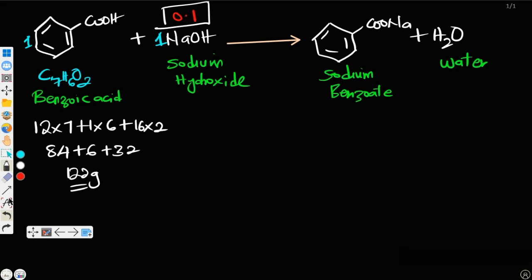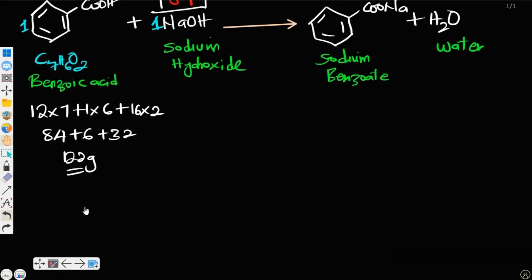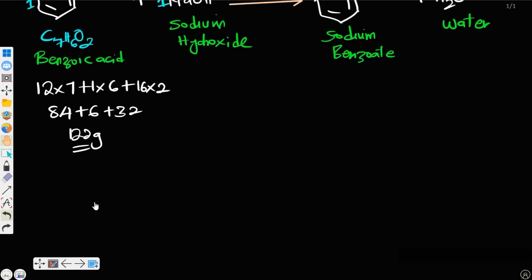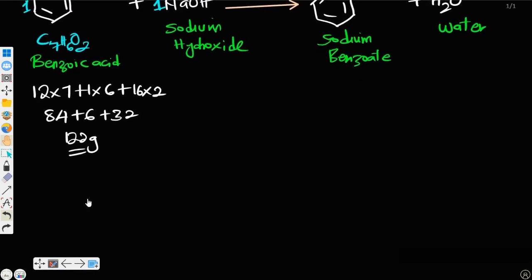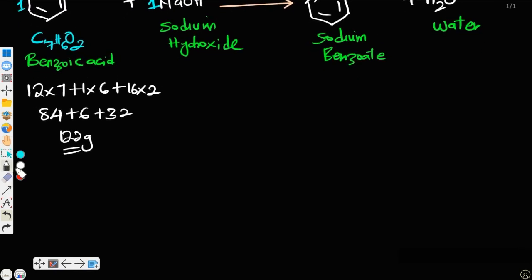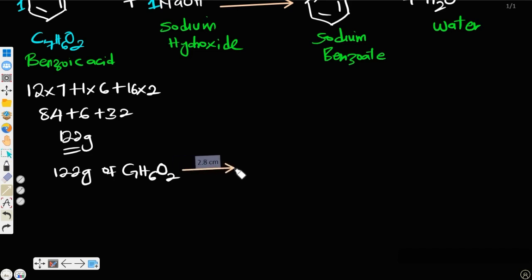So writing the equation of the milli equivalent, how to get the milli equivalent, we are now going to say that 122 gram of C7H6O2 gave 1 mole, or it reacted with 1 mole of what?